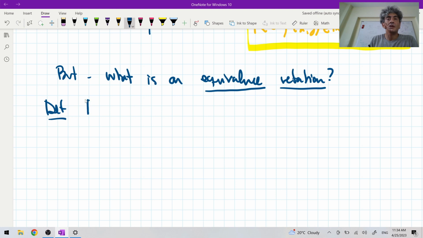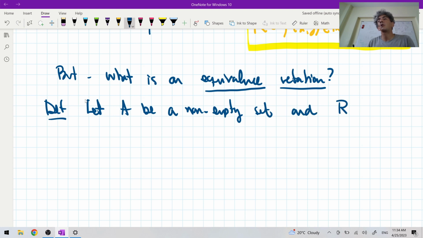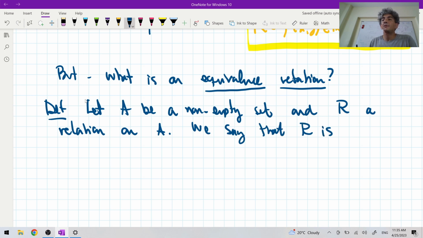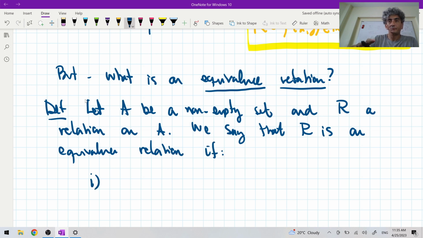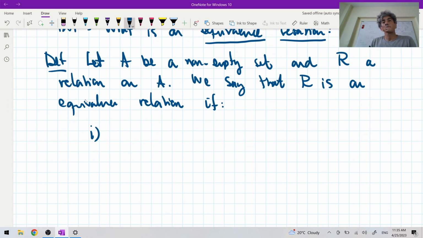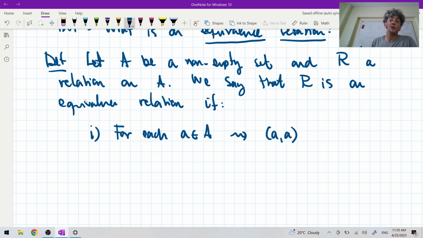Definition: let A be a non-empty set and R a relation on A. We say that R is an equivalence relation if, first of all, for each a belonging to A, the pair (a,a) belongs to the relation R.